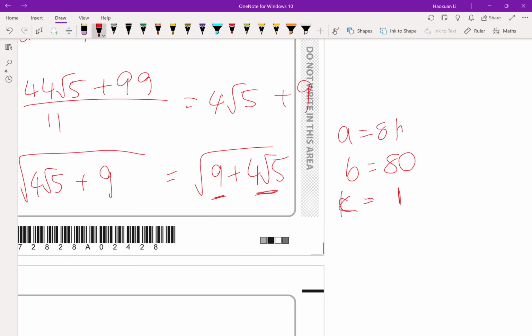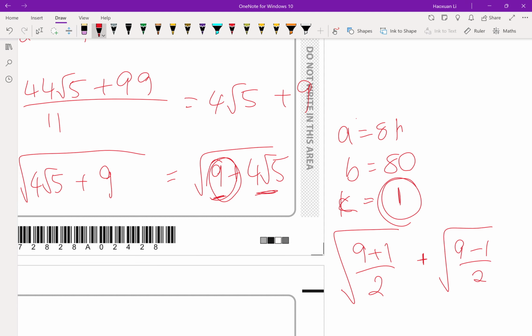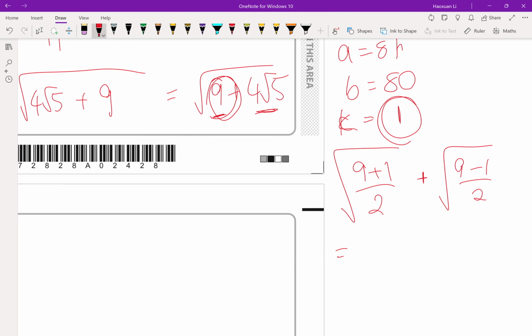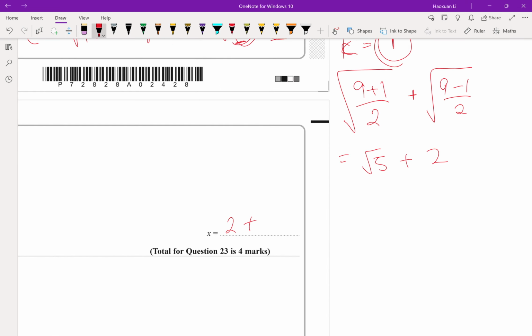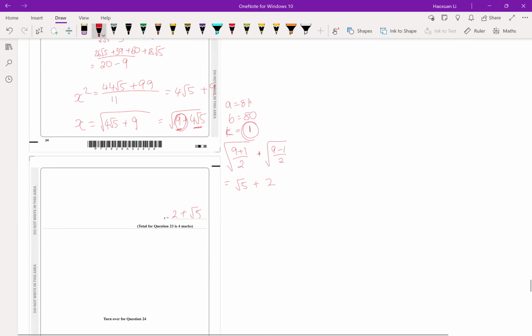And now you're plugging it back in using this value and k. So 9 plus 1 over 2, actually no, plus 9 minus 1 over 2. So therefore that will give you square root of 5 plus 2. This is an operation to find a square root, which I feel is a little hard for this paper. But this is where the top mark, last mark goes.